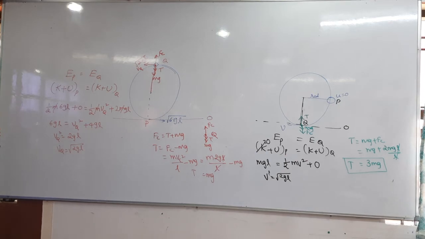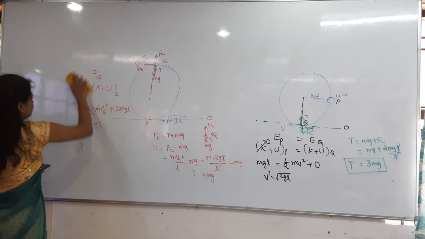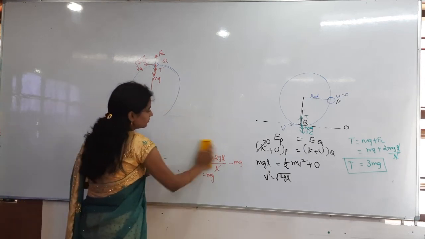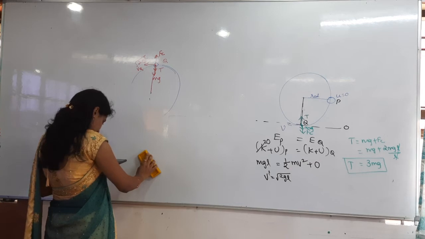Two point masses of mass M connected with a light rod of length 2L, it is free to rotate in a vertical circle as shown in the figure.